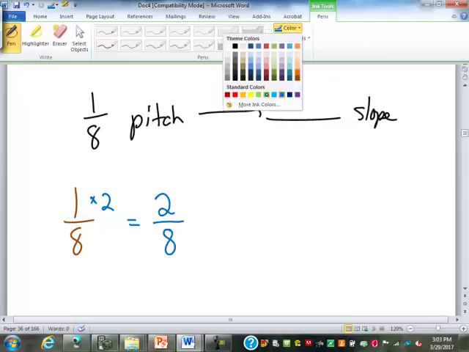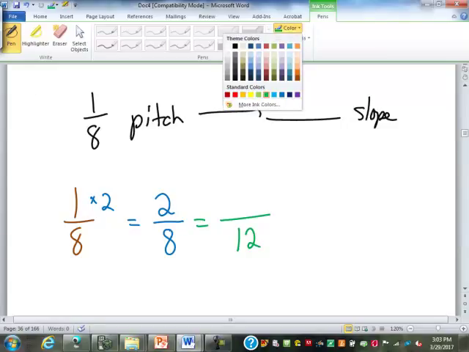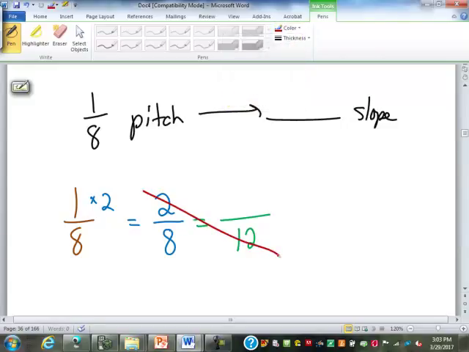Good. Now we set that equal to blank over 12. And we cross multiply. 2 times 12 is 24. Divided by 8 is, 24 divided by 8? 3. So that's a 3/12 slope.